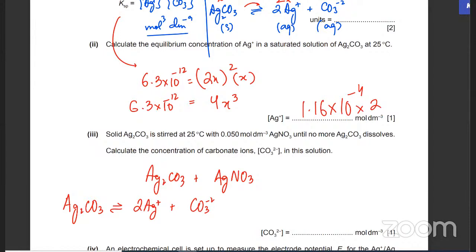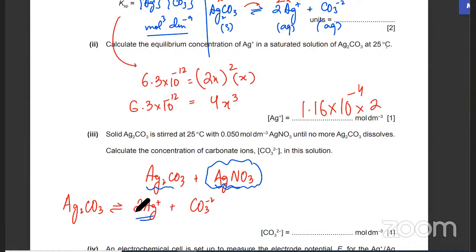But now the problem is that when I mix silver carbonate in silver nitrate, the solubility would decrease because the solution already has silver ions. The concentration of silver ions is really high because that's a common ion. It's coming from this, it's also coming from the other side as well. Is the point clear?